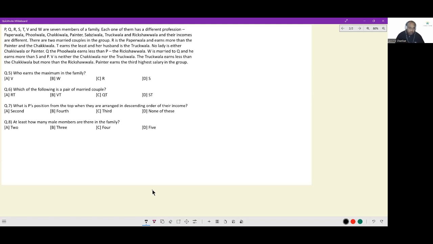So we have names, we have professions, and we have different incomes. There are 2 married couples also, so we also have information about spouses. So I'm going ahead and creating a table: name, spouse, profession, and finally salary or income.